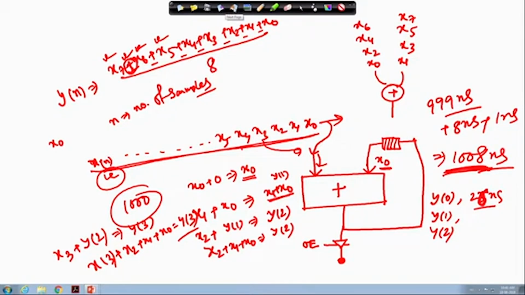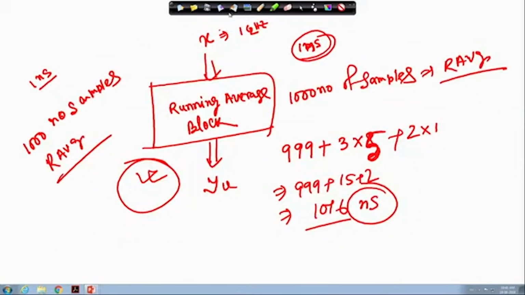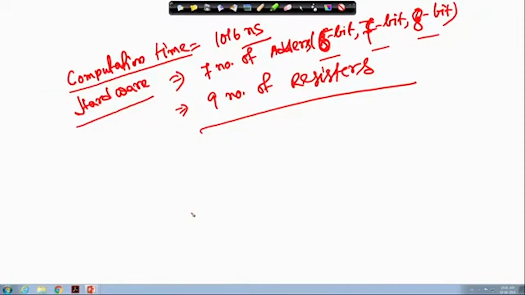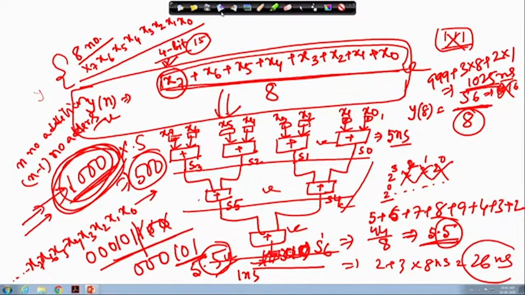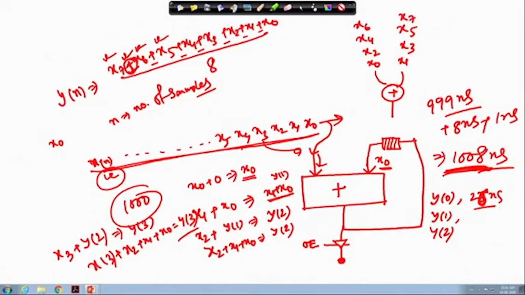But if I consider the hardware requirement, the hardware cost is 1 adder and 1 register. In the previous case, how many did I require?